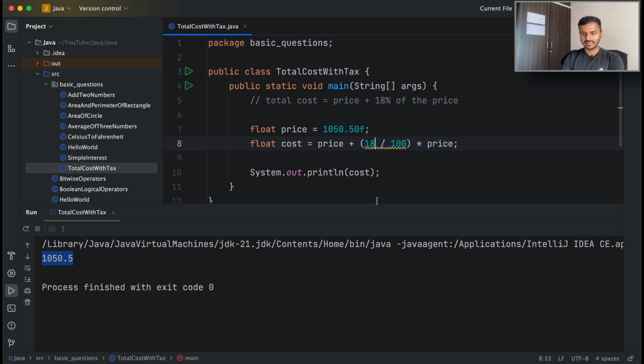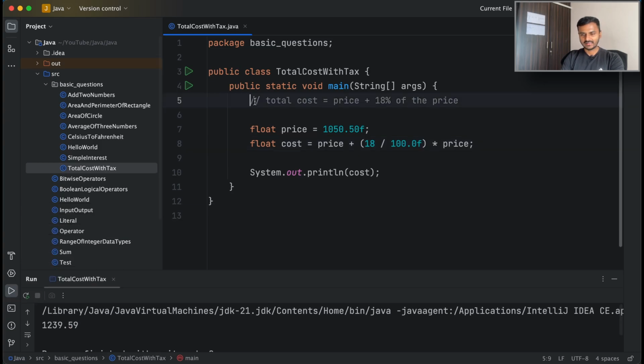So to make either one of them float, you can go for 18.0f and then run the code, or you can go for, as you might have guessed, 100.0f and then run the code, and you'll get the same output. So this is how you can translate this formula in this code.